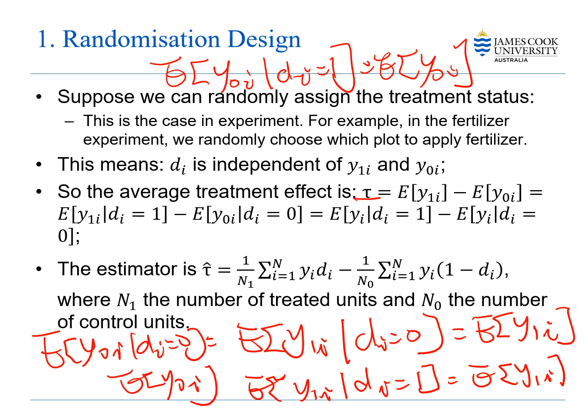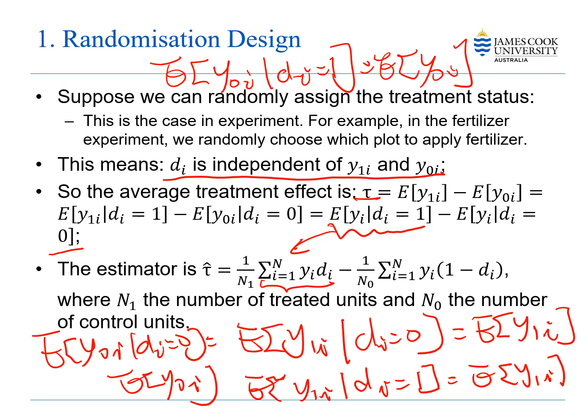So the average treatment effect is equal to this. That's the formula we can estimate because we have data now. And we can do so because randomization means that di is independent of these two potential outcomes. So we estimate the first term, the expected value of yi conditional on di, by its sample average. This is the sum over observations 1 to n.